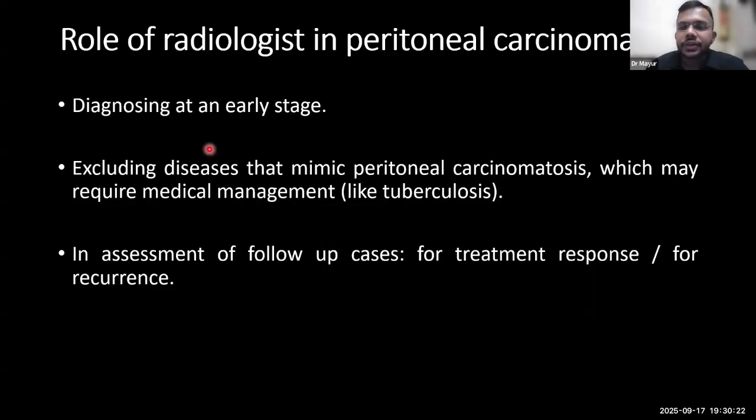The role of the radiologist in peritoneal carcinomatosis is to diagnose it at an early stage, and exclude diseases which mimic peritoneal carcinomatosis, for example, tuberculosis, which can also present as omental thickening and ascites. In assessment of follow-up cases, the role is to look for treatment response and to localize the recurrence.